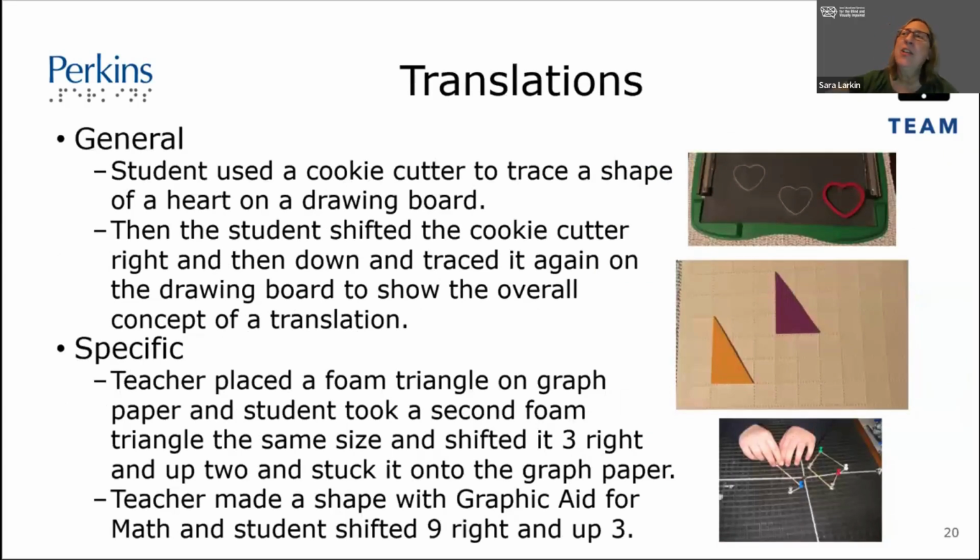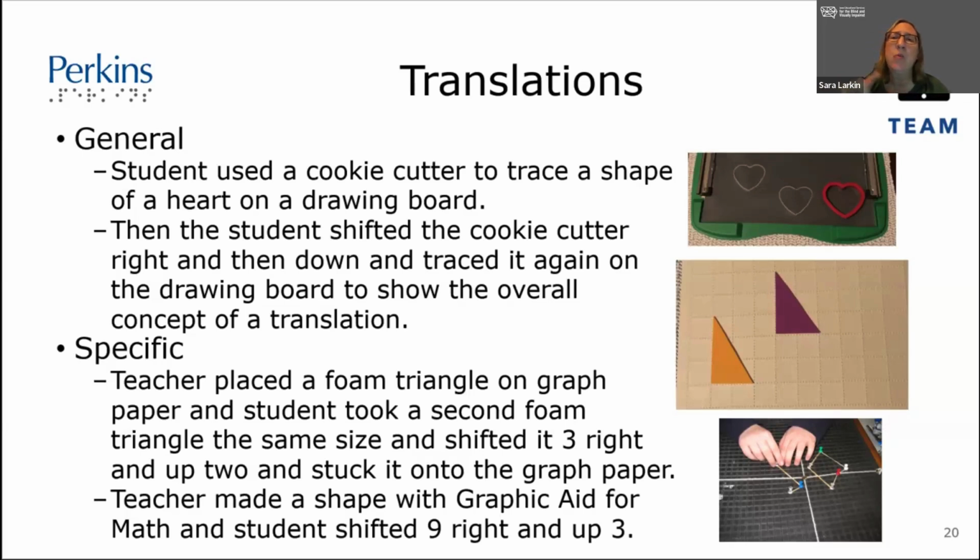Translations. For translations, you can start out very basic with just a cookie cutter on the tactile doodle, and even just shifting that left or right or diagonal. That's all a translation is, a shift of that shape. So they can just trace inside of that cookie cutter. It is easier to trace inside compared to outside.